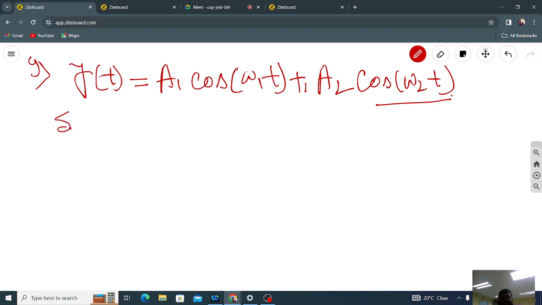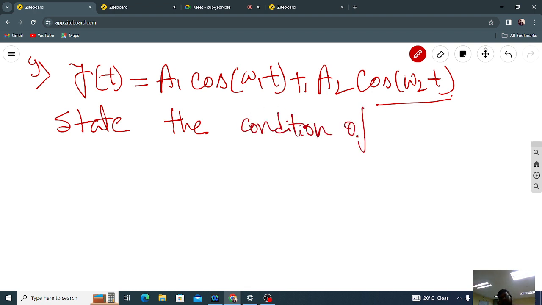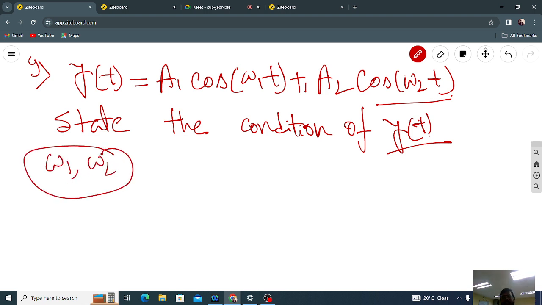Now state the condition of y of t. There will be a relationship between omega 1 and omega 2, otherwise y of t is not periodic. What should be the particular relationship between omega 1 and omega 2 so that y of t is periodic?